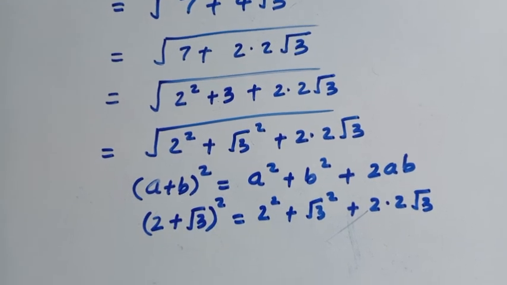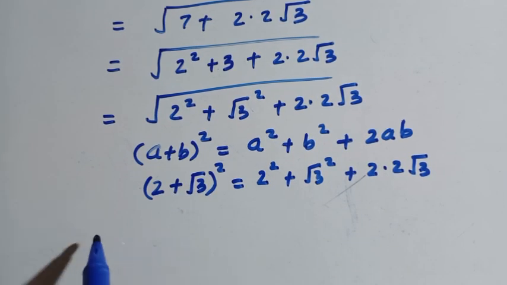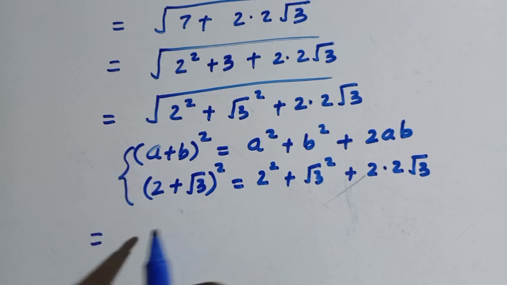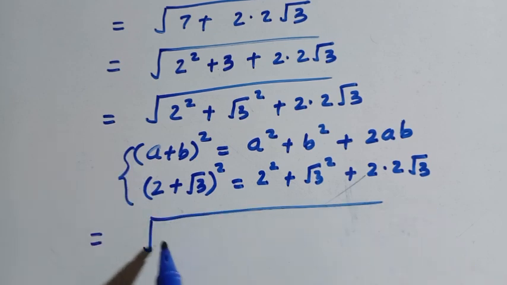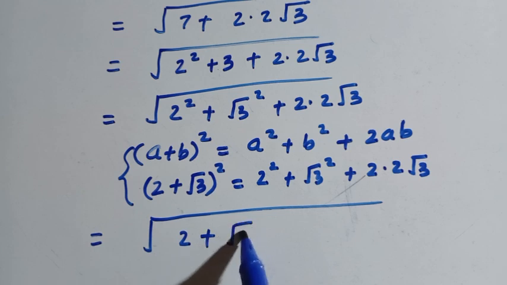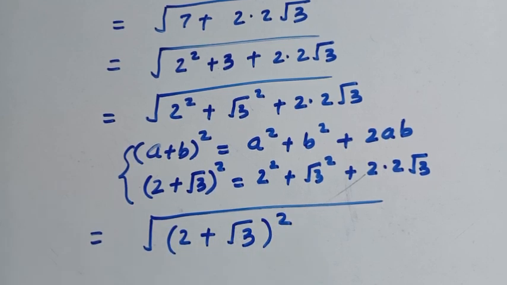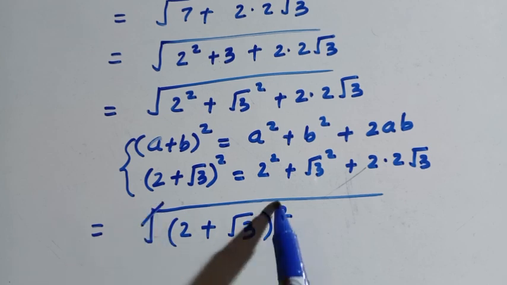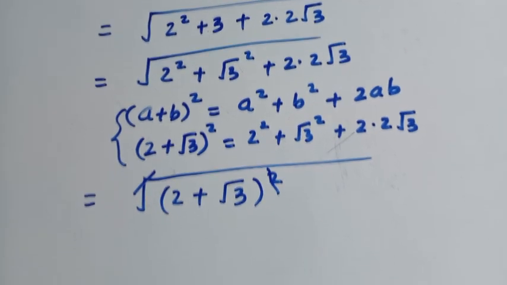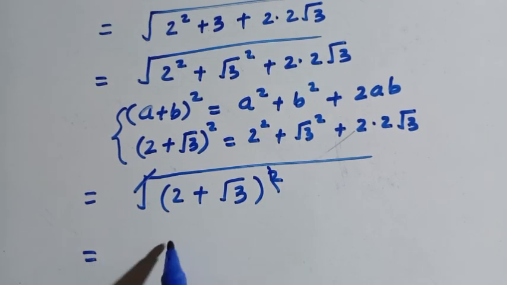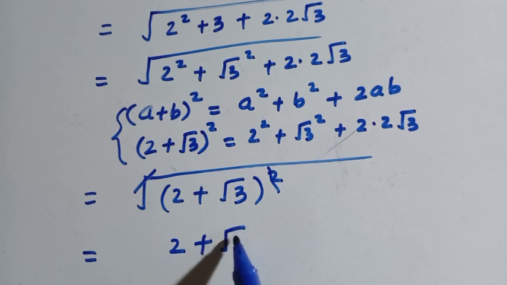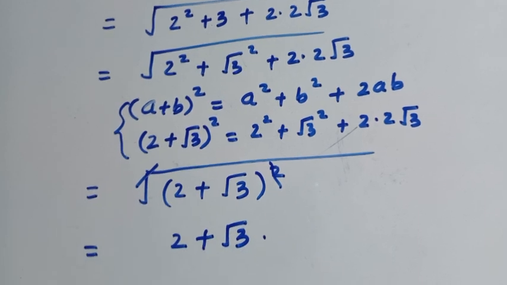And when we replace it, what we get here is the square root of 2 plus root 3 all raised to the power of 2. So therefore we have this cancelled, as the final result for this is 2 plus the square root of 3.